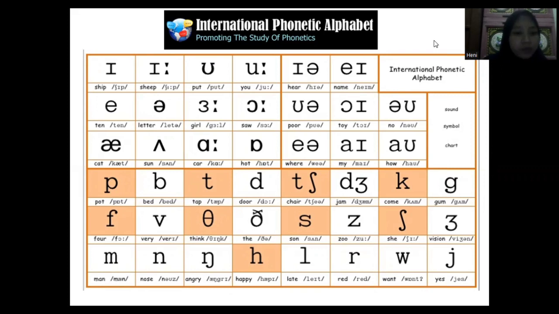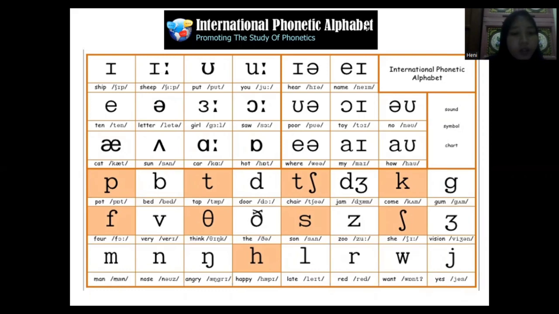Next, the sound in sun includes central vowels, for example, sun. Next, the sound in wood includes back vowels, for example, wood. Next, the sound in hot includes back vowels, for example, hot.